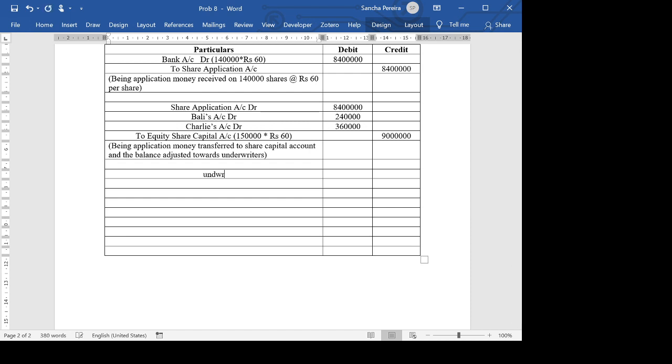So I say underwriting commission account debit to all the underwriters, to Ali's account, to Bali's account, and to Charlie's account.